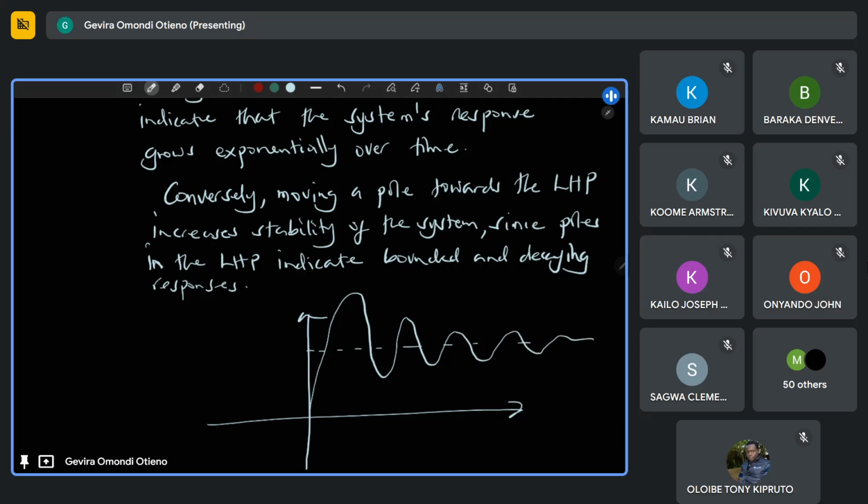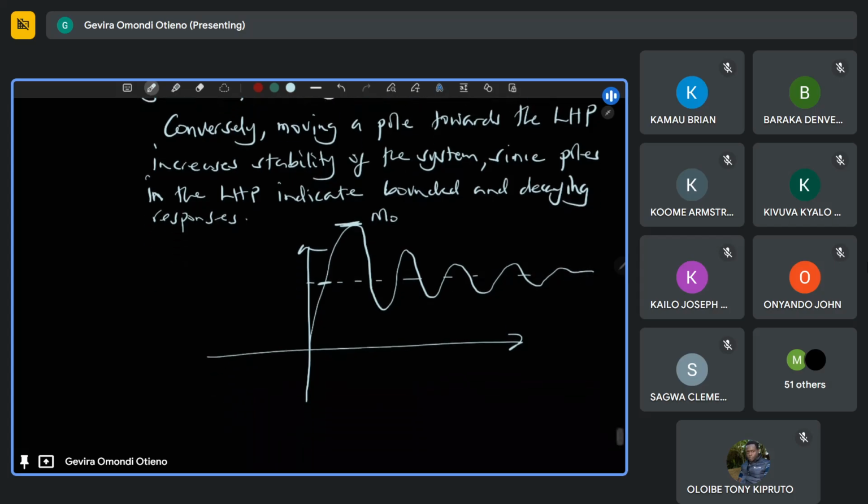To decay. Okay. So you can see that this is the maximum overshoot. So it's very far away from here. Okay. And so because that pulse is huge, the settling time is longer.